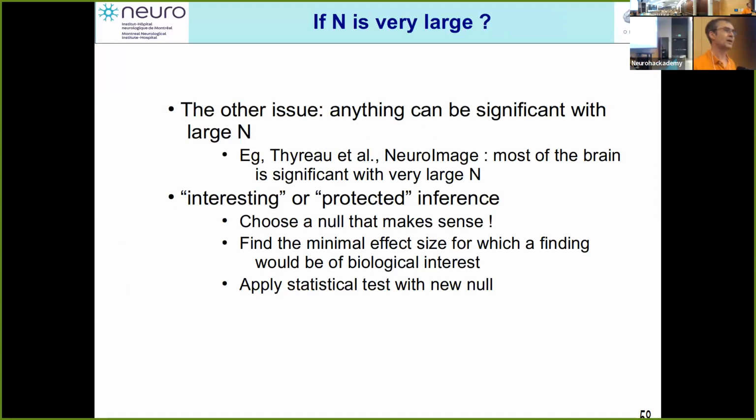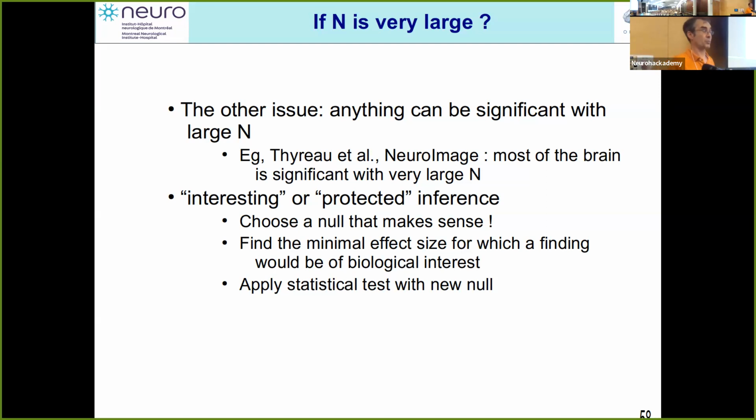There's another issue which I just want to mention briefly, which is, what if we have the UK Biobank? What if we have ABCD or 10,000 subjects, 50,000 subjects? Then the other problem is that you may find a very large number of significant tests.